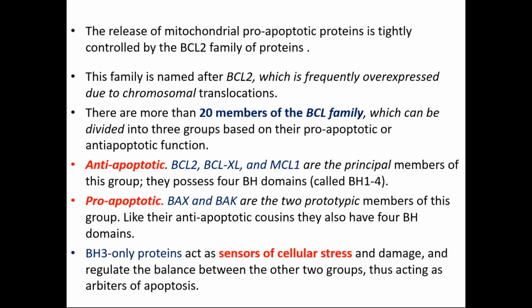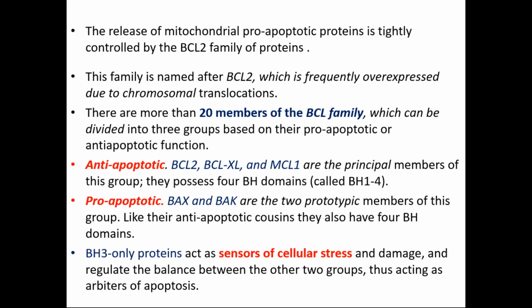You have to remember BCL2 family proteins. This family is named after BCL2, which is frequently overexpressed due to chromosomal translocations. There are more than 20 members of the BCL2 family, which can be divided into three major groups based on their function. They are pro-apoptotic, anti-apoptotic, and BH3-only proteins.